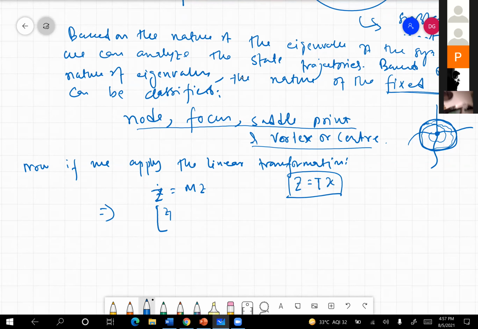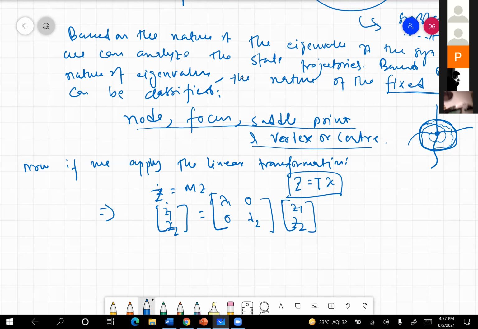So z1 dot, z2 dot, I can write as lambda 1, 0, 0, lambda 2 times z1, z2. You can go to a basic mathematics book to find how we can apply a linear transformation to an ODE system.